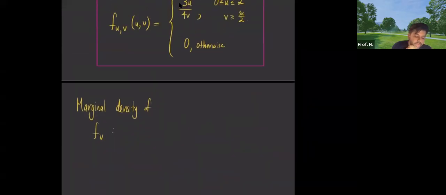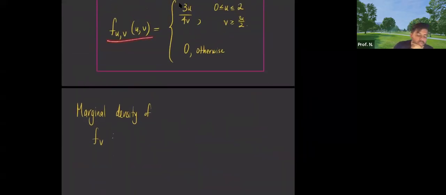So now I want to find the marginal density f of v, and I'm utilizing the joint density function that we just found.